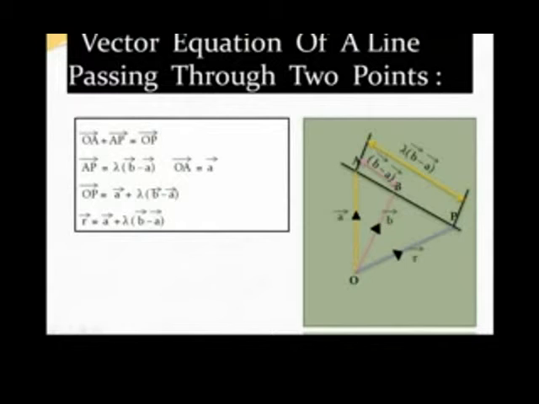OA is nothing but vector A, OP is vector R, and AP is lambda times (B minus A). Thus we can write vector OP as equal to vector A plus lambda times (vector B minus A). Thus vector R is equal to vector A plus lambda times (vector B minus A). So this is the equation of a line which passes through the point A with the position vector as vector A and through the point B with the position vector as vector B.